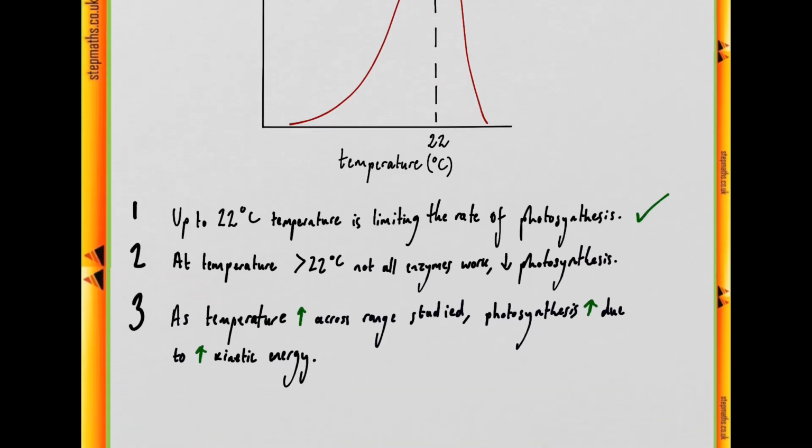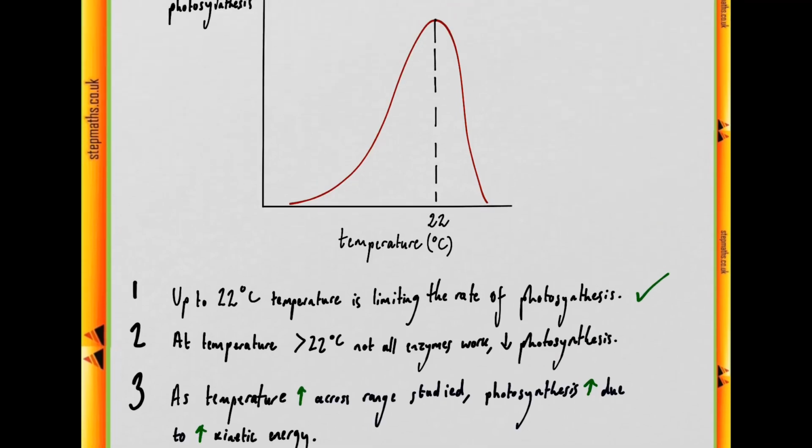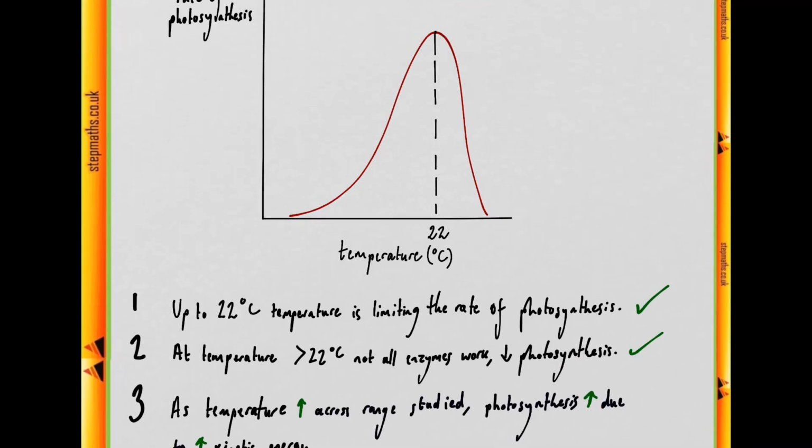Moving on to 2, at temperatures above 22 degrees Celsius, not all enzymes work, therefore there's a decrease in the rate of photosynthesis. Okay, so we can say this to be true because we know how enzymes work. They have an optimum temperature above which the kinetic energy conferred by the higher temperature leads to a compromising of the bonds holding the tertiary structure together.